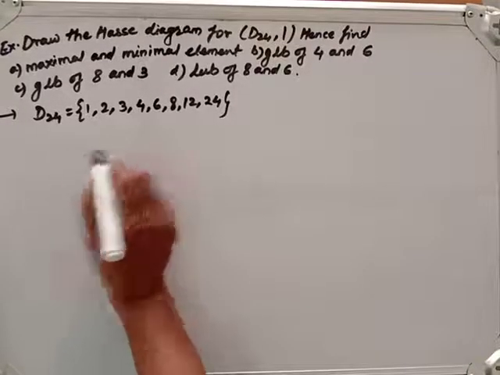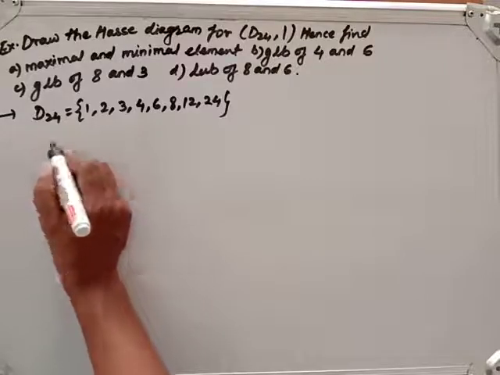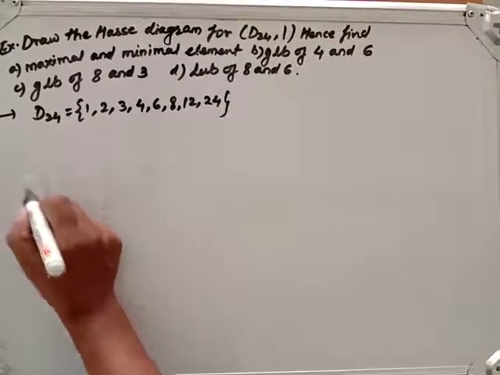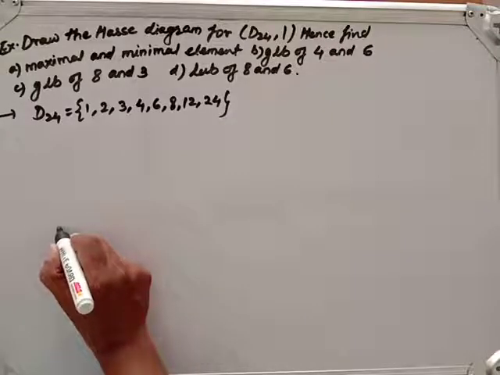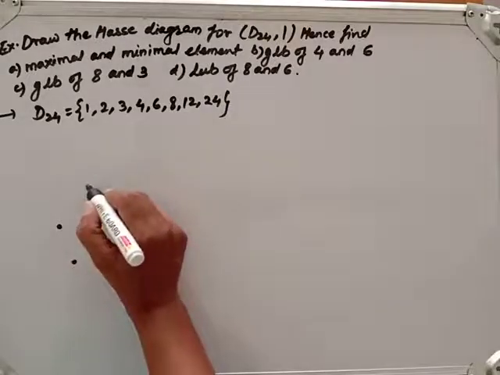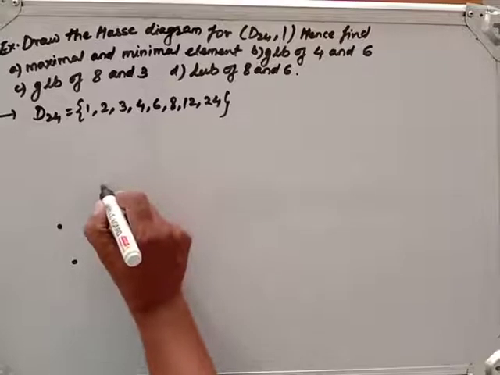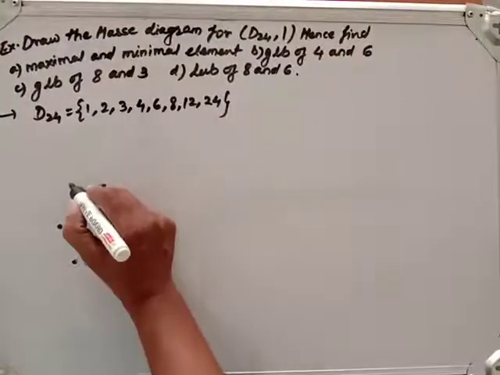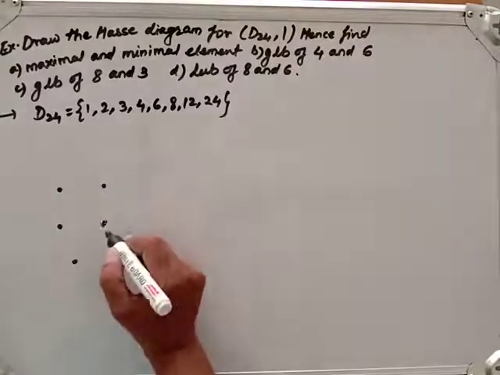Now I won't write the relation here, so simply we will see the Hasse diagram. Let me write 1 below. Now 2, 3 let me write as such. Then 3 divides 6, 2 also divides 6, so transitivity occurs between them. Now 2 divides 4 but 3 doesn't divide 4, so let me write 4 here.